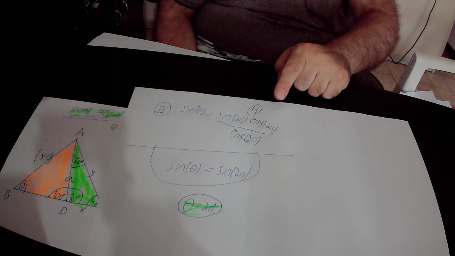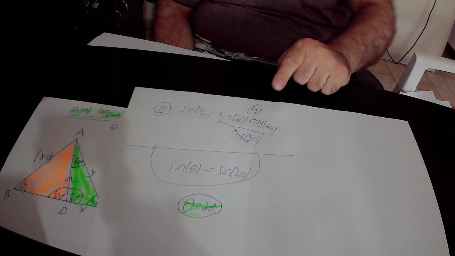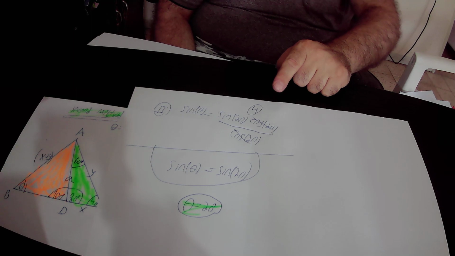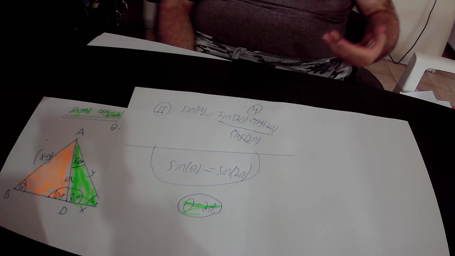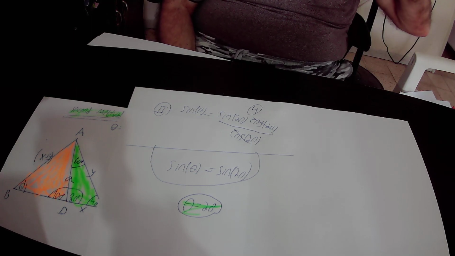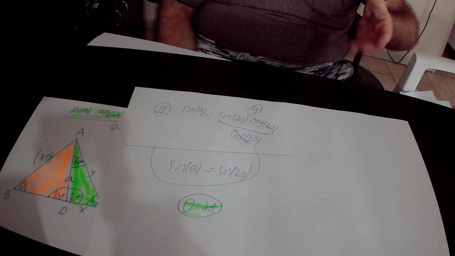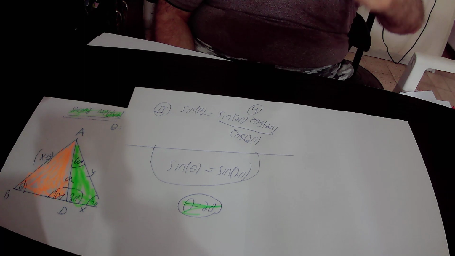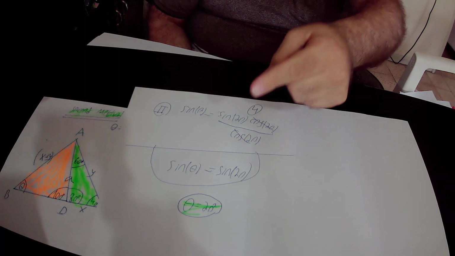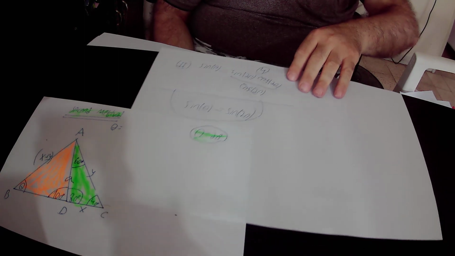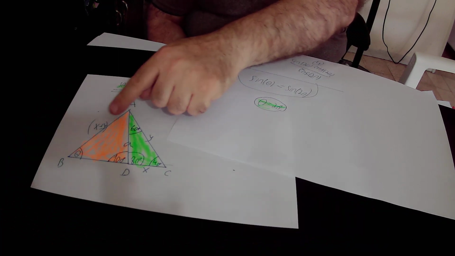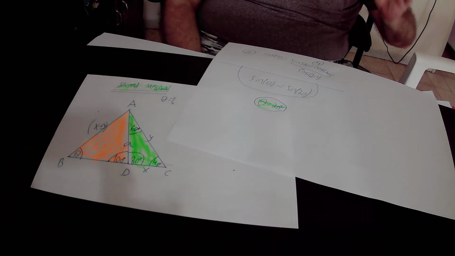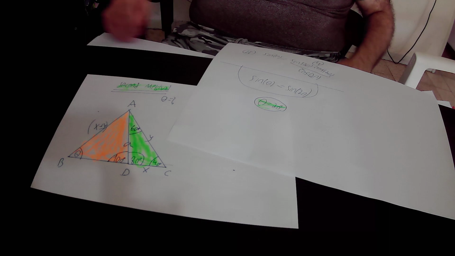So cosine 20 degrees will get cancelled, and we're left only with sine theta equal to sine 20 degrees. And we have the trigonometric identity that if sine alpha equals sine beta, then alpha equals beta. So if sine theta equals sine 20 degrees, it means that theta equals 20 degrees. So in both methods, we found out that the size of this angle theta is equal to 20 degrees. Okay, thank you very much.